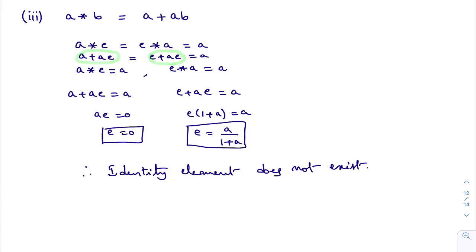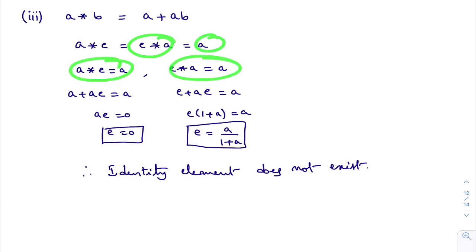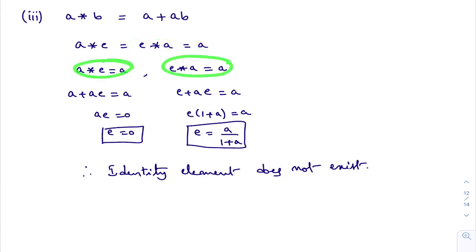When you do not know, what will you do? Here you do not know whether A star E is the same as E star A. These two are equal or not, we do not know. Then I'll take A star E equal to A, and E star A equal to A. I'll take both and try for E. When I get E as a unique value, then I say that the identity element exists. Otherwise, I'll say that the identity element does not exist.